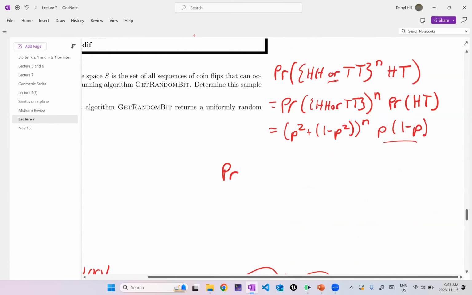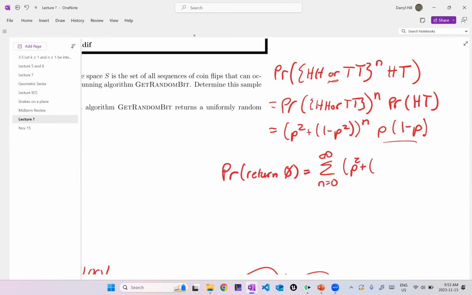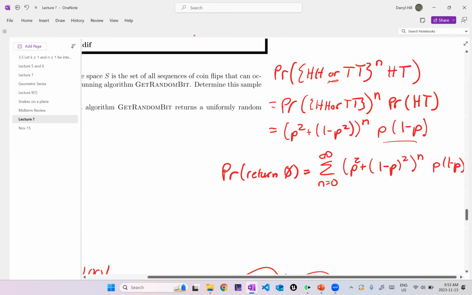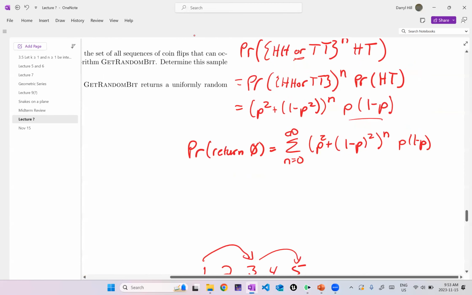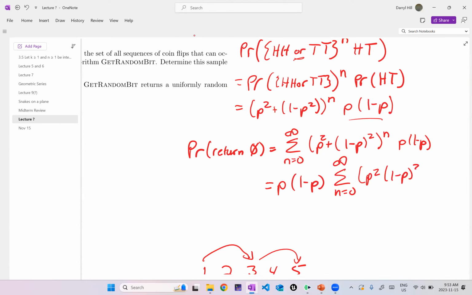Okay, so the probability that I return a 0 equals the sum from n equals 0 to infinity of P squared plus (1 minus P) squared, to the power n, times P times 1 minus P. Okay, P times 1 minus P does not depend on n, so I could take that out. And so now I have a closed form for this.